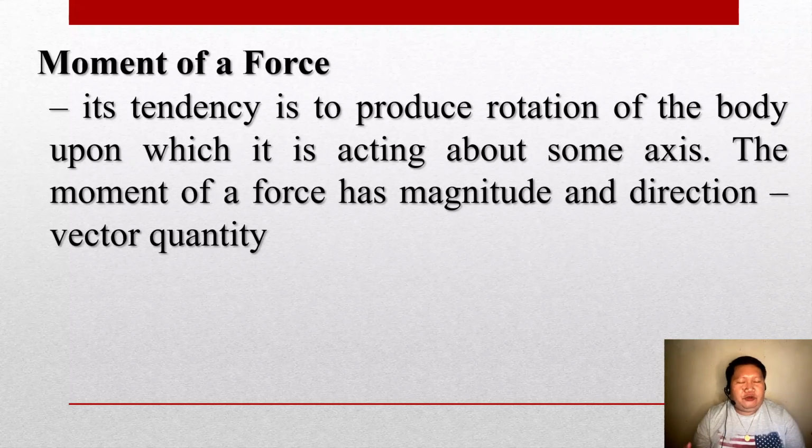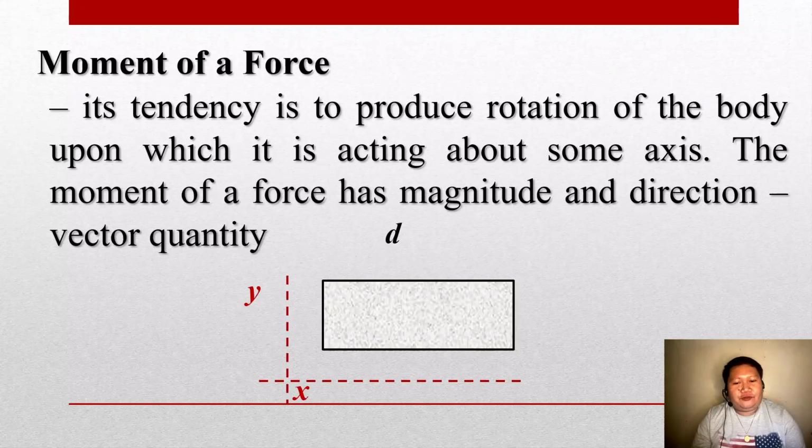So how would we be able to understand or know that a force can cause moment, or shall I say the force can cause rotation? For a force to be a moment to a particular point, it has to have a point of rotation, which in that illustration is point A, and our force is measured from a distance d, and that d would always be perpendicular from the force towards the point of rotation.